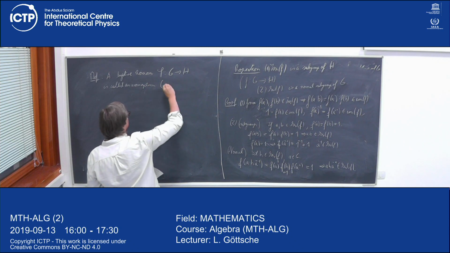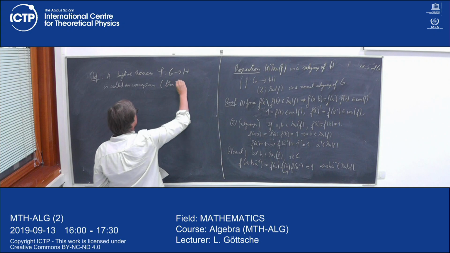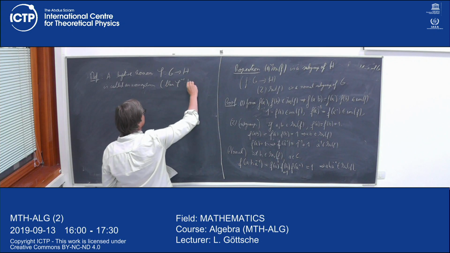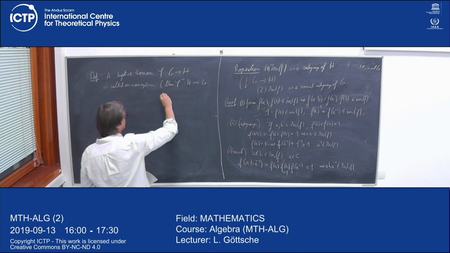Then it's straightforward that the inverse map from H to G is also an isomorphism.